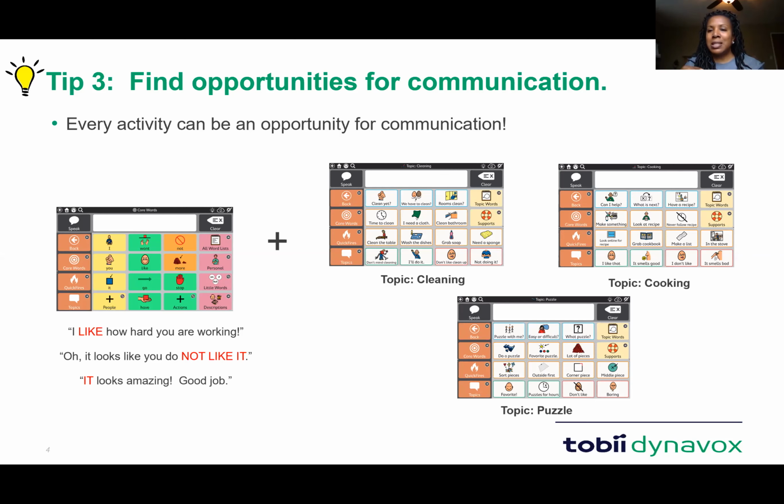Core words plus topics allow you to communicate during cleaning, cooking, putting together a puzzle, getting dressed, going outside. So pairing core vocabulary with these topic boards allow you to encourage communication no matter what you're doing during the day.